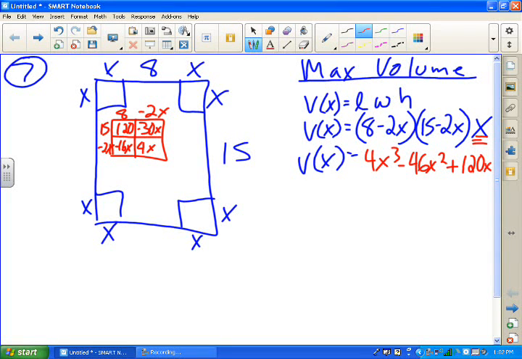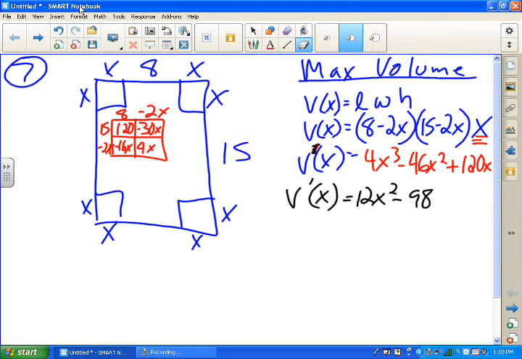And so that's my equation, and then I need to take the prime of that. And let me scribble that out so you guys don't get confused. So the original volume equation is 4x cubed minus 46x squared plus 120x. And by using the power rule, the derivative then becomes 12x squared minus 92x plus 120.